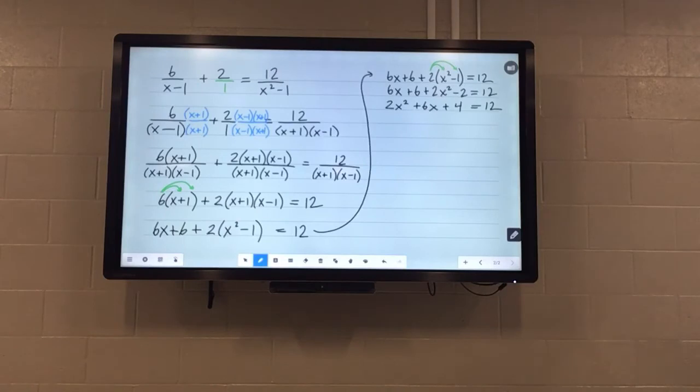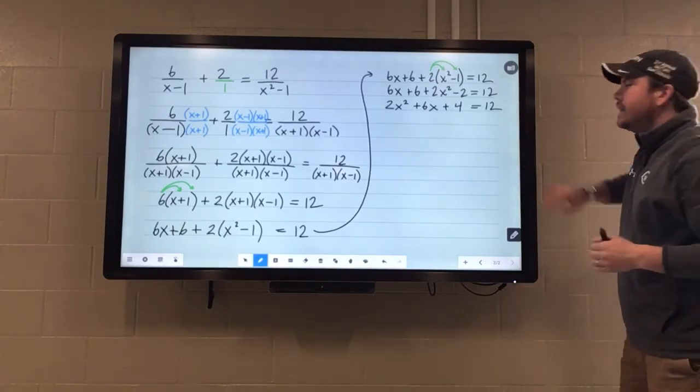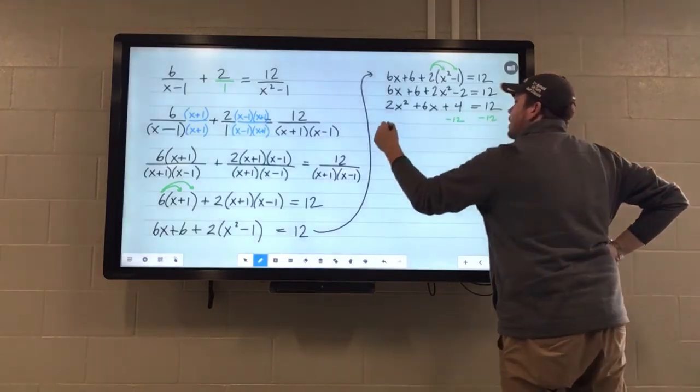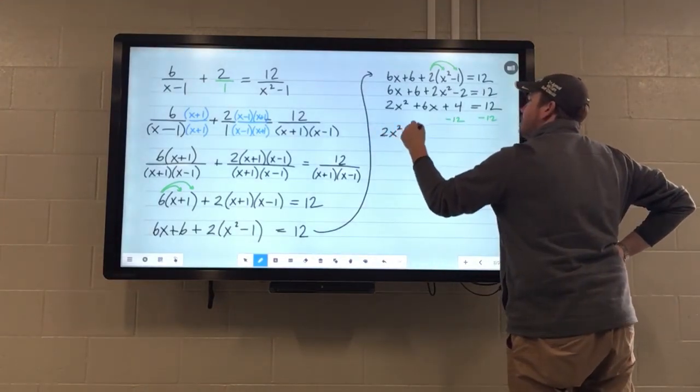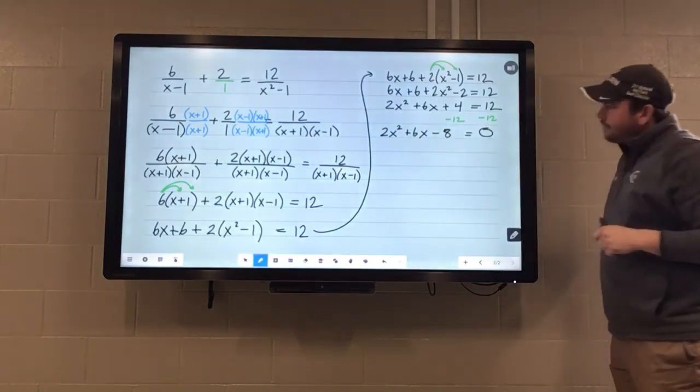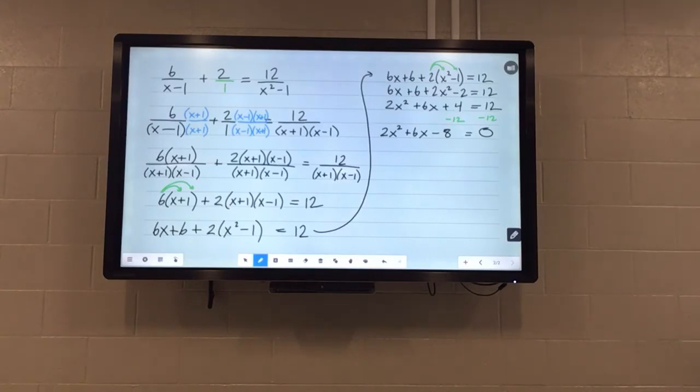And since we're trying to solve a quadratic equation, we know we want it equal to 0. So I'm going to move the 12 over. 2x squared plus 6x minus 8 equals 0. All right. Now we're actually to the point where we can solve for x.